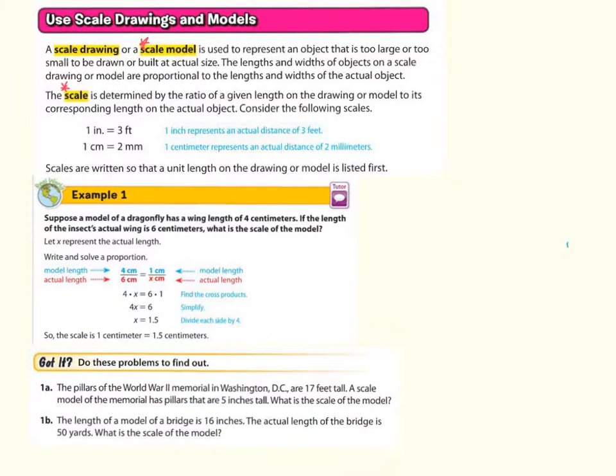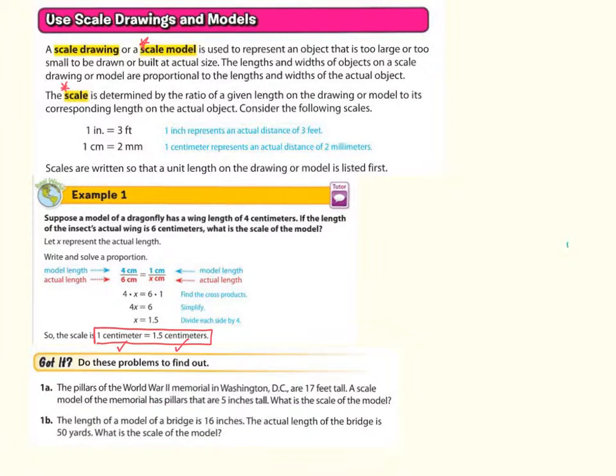So you have to set up your proportion, and then your answer has to be the scale representing the model and representing the equivalent actual representation. So it has to be two numbers within the one answer. Let's get some practice and show you what I mean.